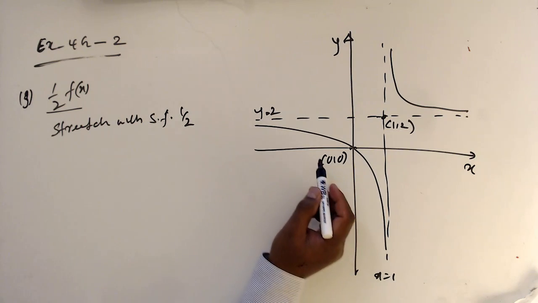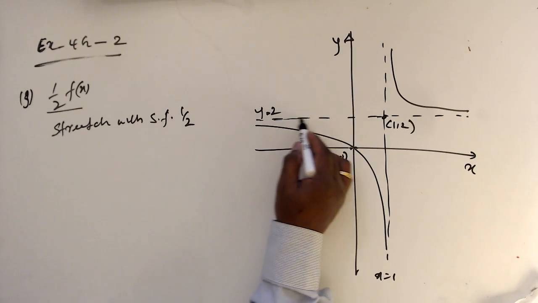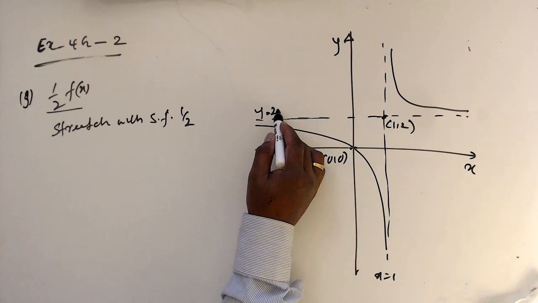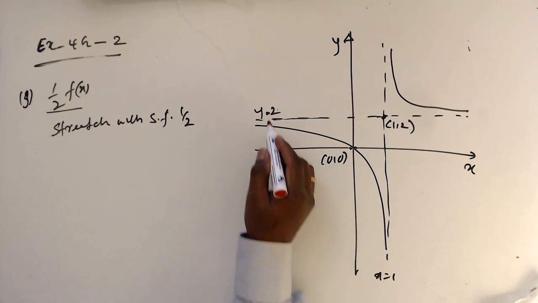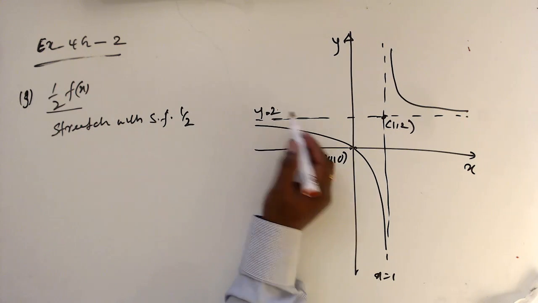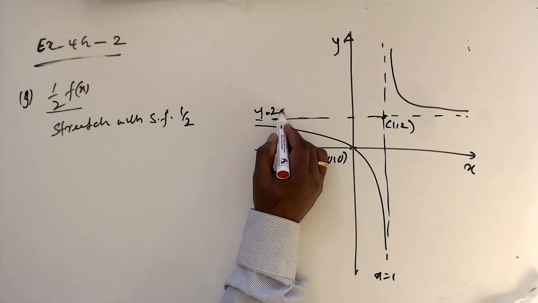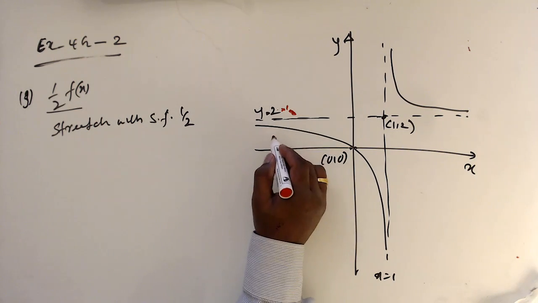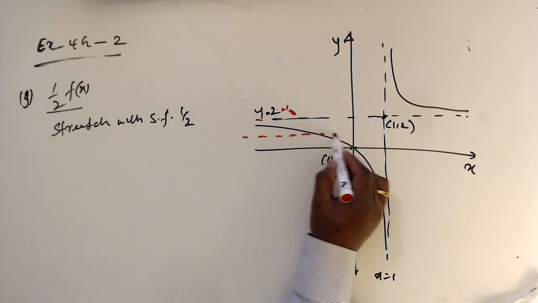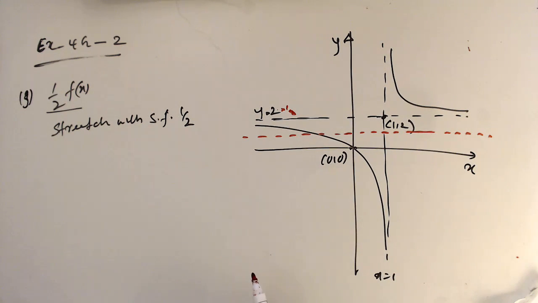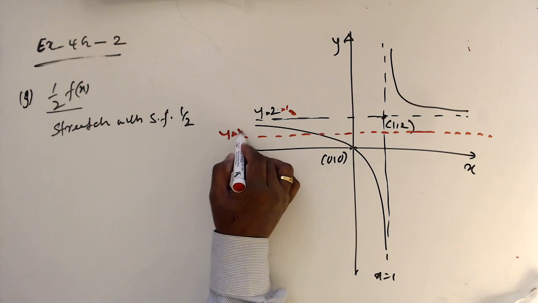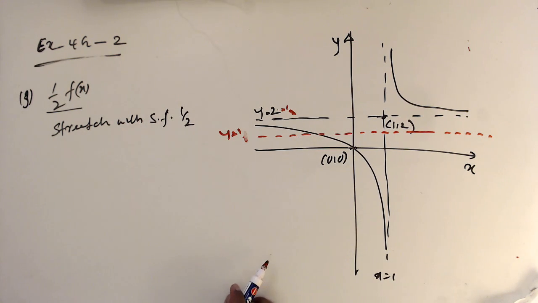Now I can see, okay, this is y equal to 2; when you multiply by half, it becomes 1. So the new horizontal asymptote is y equal 1. It will not affect x values. So x equal 1 is as it is.